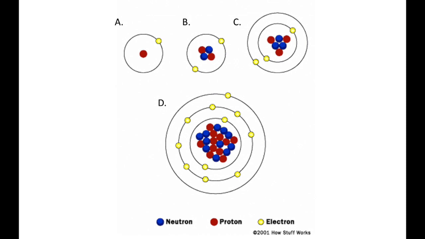As you look at letter D, what is that? Well, I look and see that if I count those all up, it looks like it has 11 protons in it. So I would say that's sodium. Good. So there we are. So hydrogen, helium, lithium, and sodium are those 4 examples.